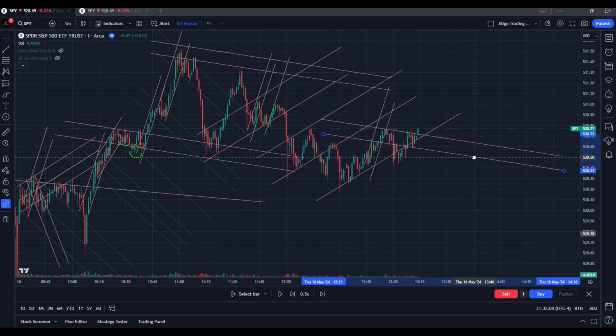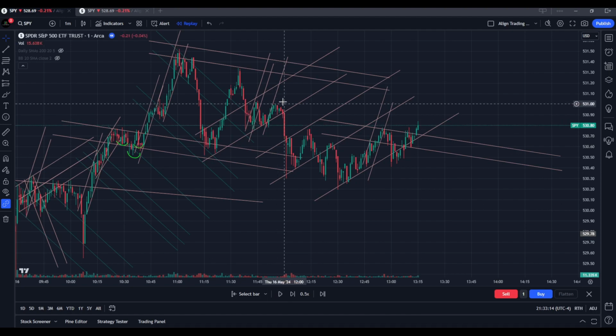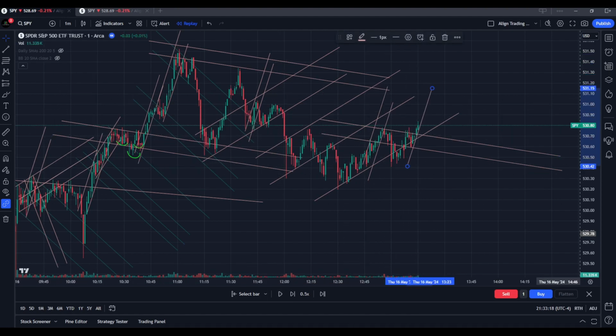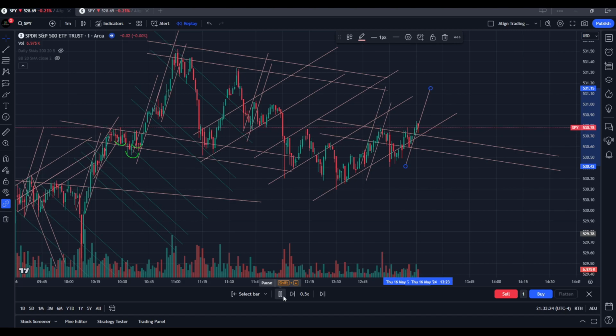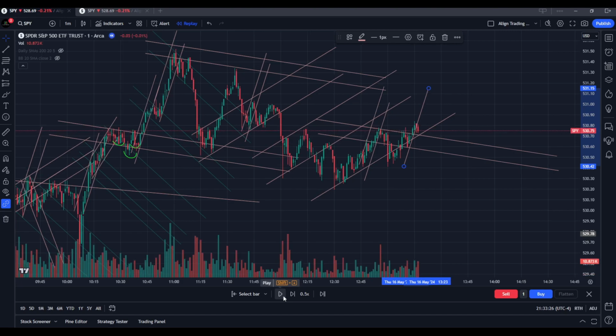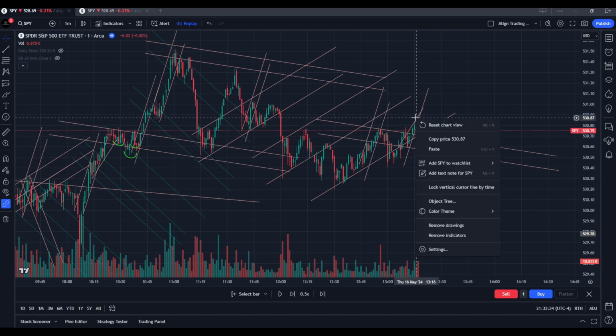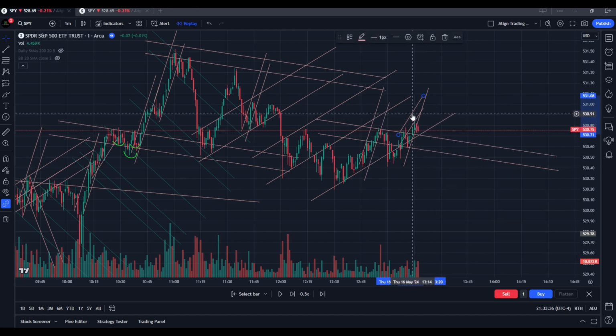So if this is starting to take us higher again, we are going to watch this algorithm right here again. And we have this tapering too. So if this tapering does start right here, we're going to be watching for the breakdown.